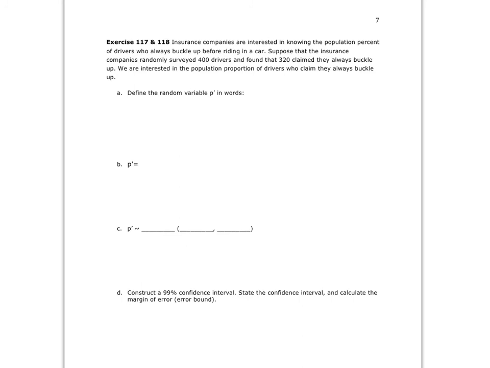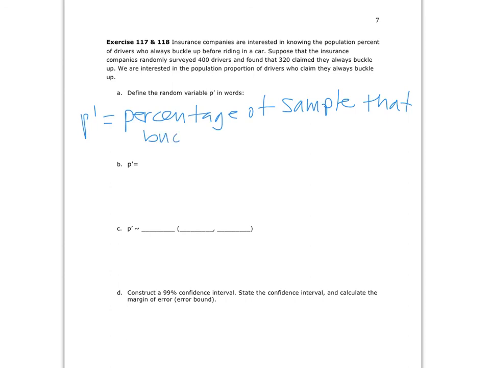Okay, define the random variable p prime in words. So p prime is looking at the percentage of the sample that buckle up. Now, if we want to calculate that, in the numerator we want the number that buckle up, so 320.